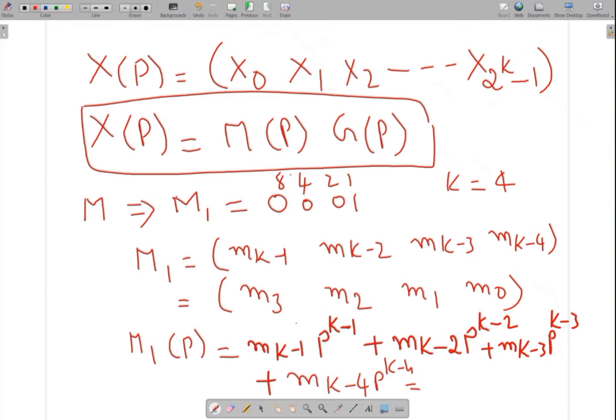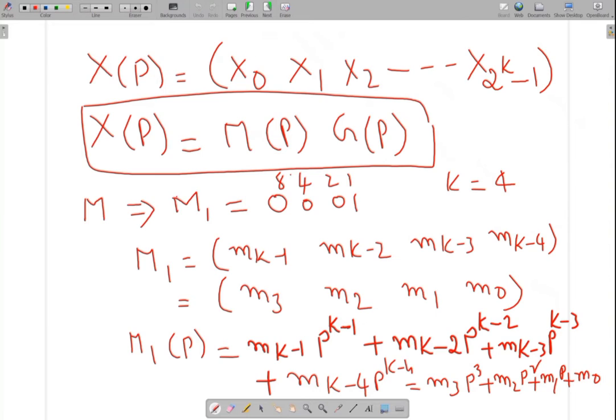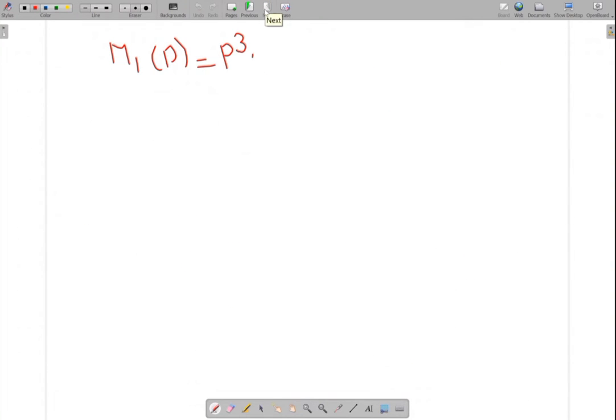With k equal to 4, that is m3 p cube plus m2 p square plus m1 p plus m0.